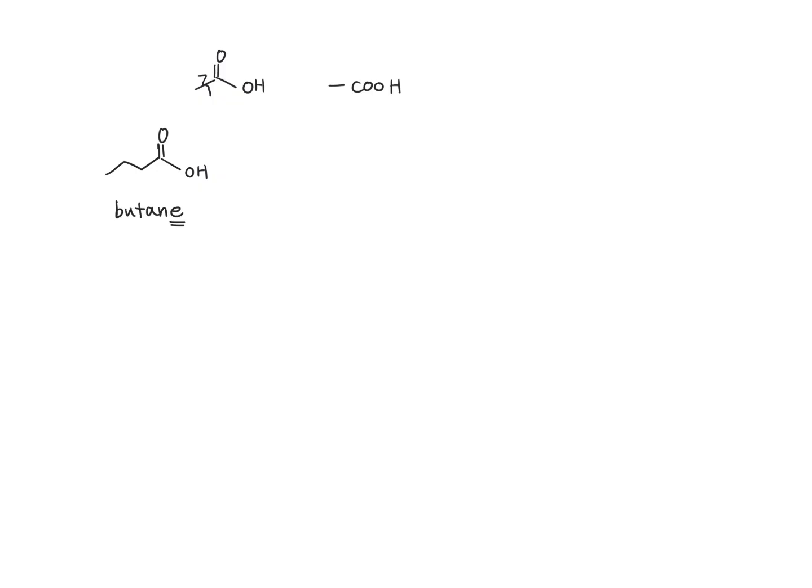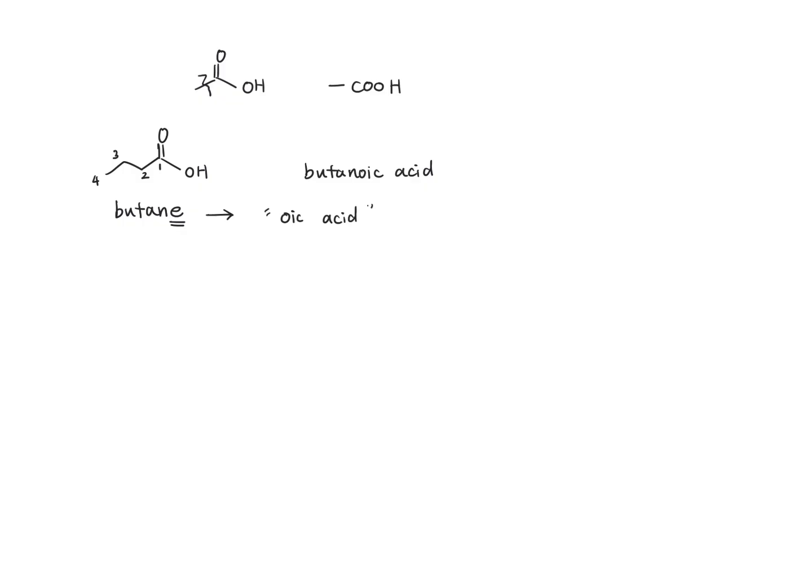Drop this E and add oic acid. For this example, we have 4 carbons. The first carbon will be this carbon right here, so we have 1, 2, 3, 4, and we have butanoic acid.